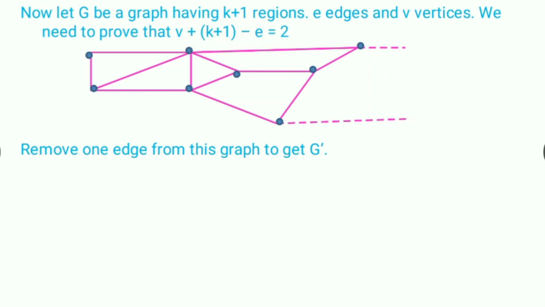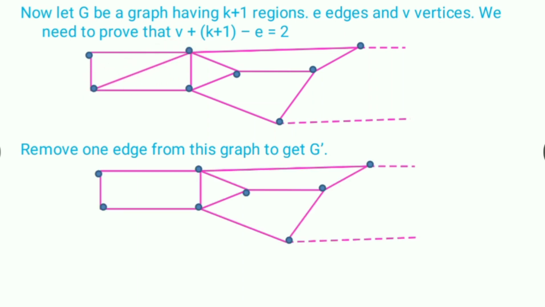Now suppose we remove one edge, suppose we remove this edge. If we remove this edge, the graph will look like this. In this graph, how many edges are there? There are E minus 1 edges, because one edge is removed. Here the number of edges was E, so here the number of edges will be E minus 1.